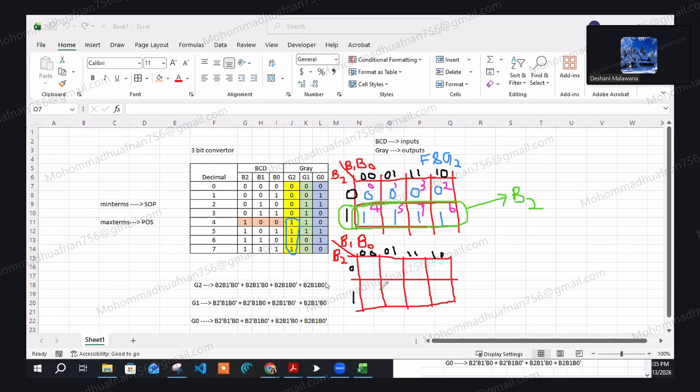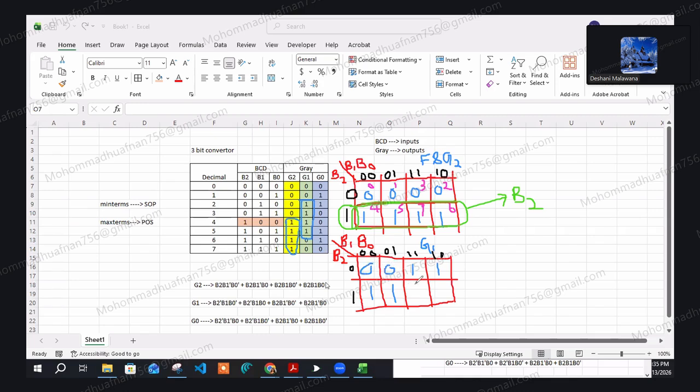Now you can see we are considering this line for G1. So we are putting 1 in 2, 3, 4, 5, these places.